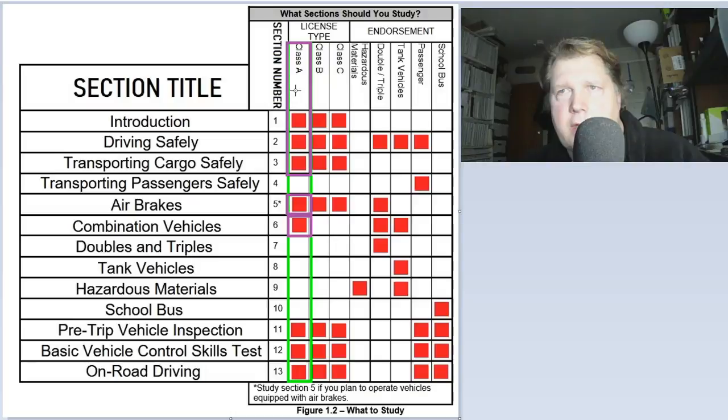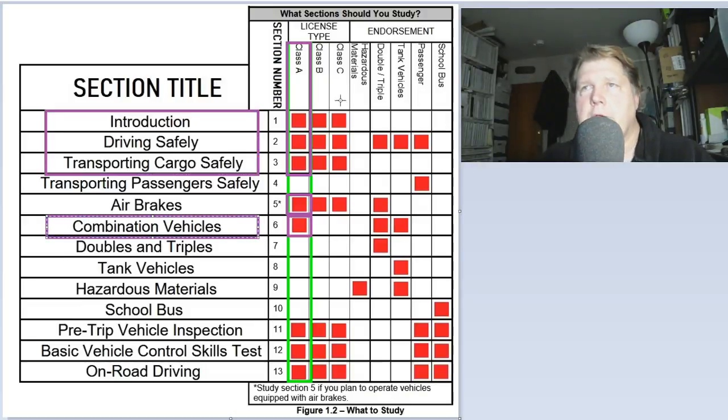For Class A, you want to study these right here, and combination vehicles right here. Okay, and you're going to need air brakes too, but you could probably get away with just doing these four sections here. Section 1, introduction. Section 2, driving safely.